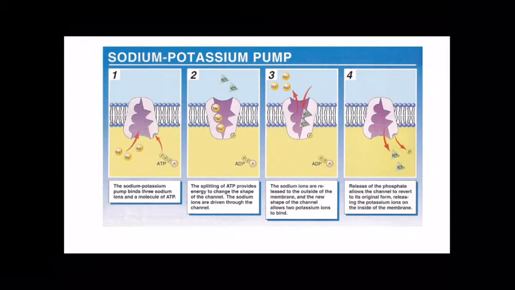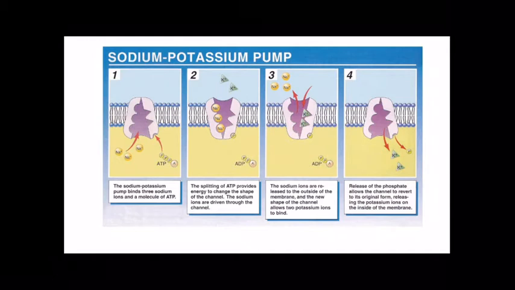And so the net change is we end up with a high concentration of sodium outside the cell. So that's the sodium-potassium pump. And every time we do that exchange of 3 sodiums out and 2 potassiums in, it takes 1 ATP molecule to run the pump.